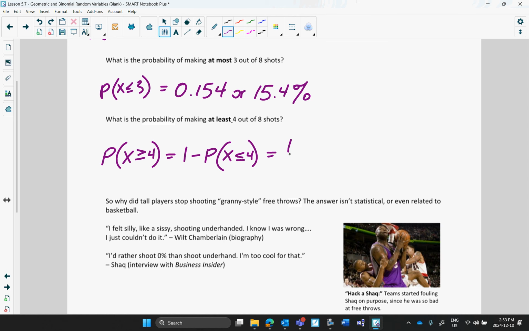So we've got to go 1 minus binom CDF. Trials is 8. Probability is still 0.613. X value, I'm doubting myself on that for a second. No, 4 or greater is part of this.